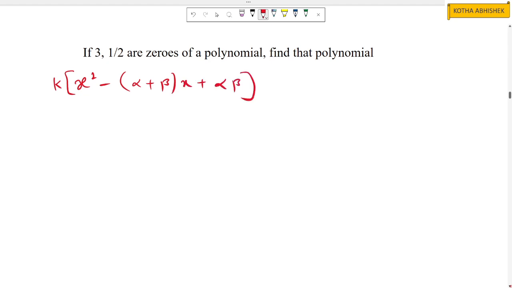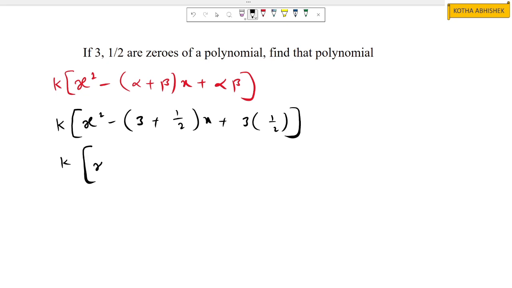So here 3 and 1 by 2 are zeros. One number we will take as alpha and the other number as beta. Here k as it is until the last step, we don't have any work with k, so write that as it is. X square as it is, minus alpha is 3 plus beta is 1 by 2, into x as it is, plus 3 into 1 by 2.